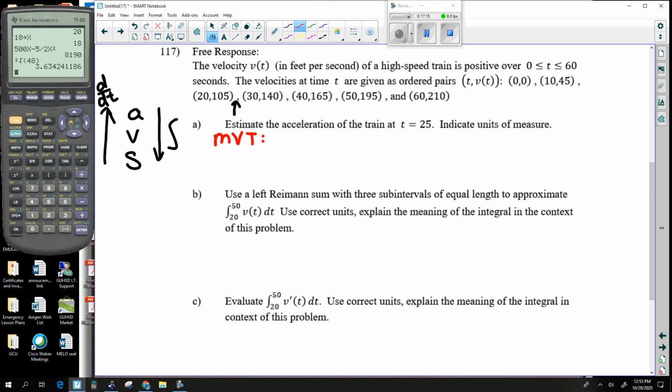And so I narrow the framework as close as I can, and I'm going to take a look at the framework from 20 to 30. So what I'm going to say is the instantaneous rate of change, the velocity instantly at 25, is going to be equal to the average rate of change, and that'll be close enough. So this is the mean value theorem.